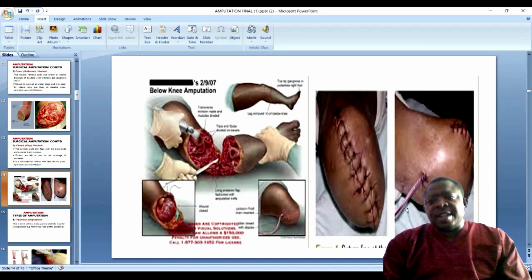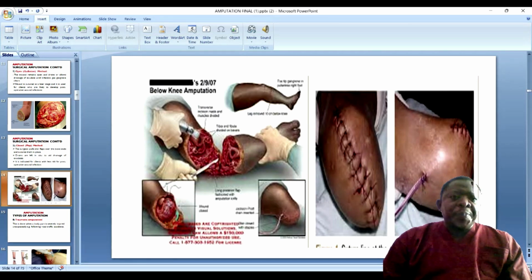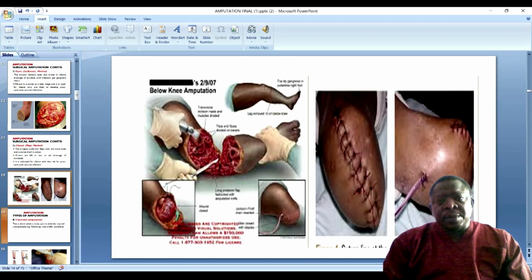The drain is to allow excess blood to come out from the amputated parts in order to prevent exudate formation. So this is an example of the flap method.